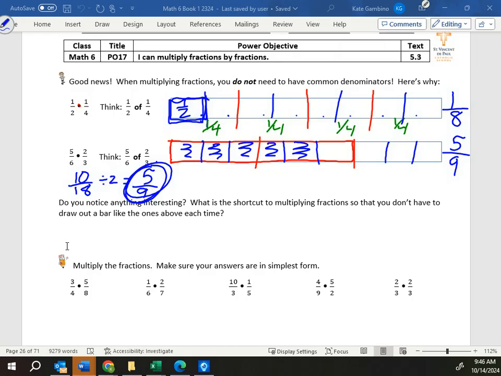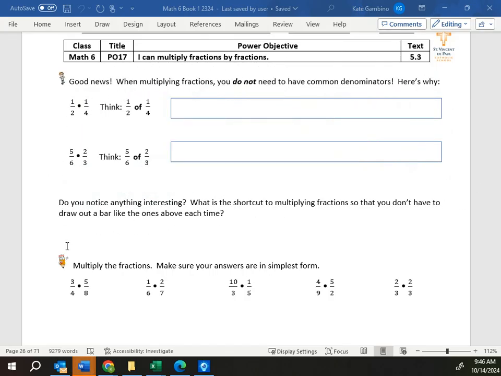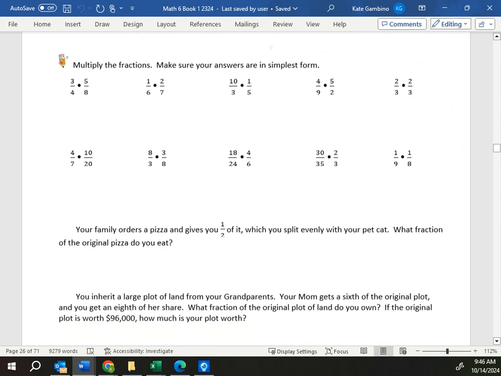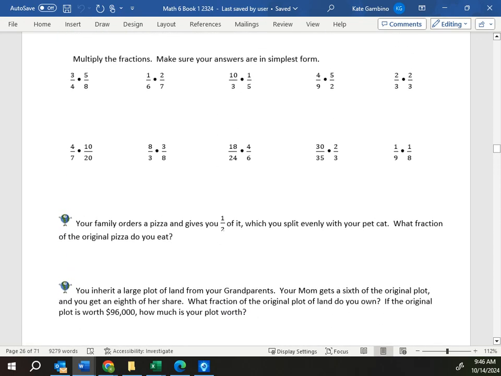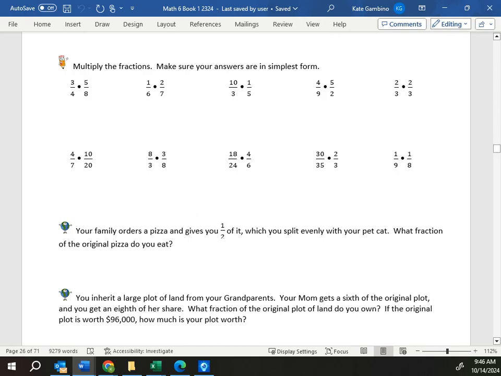Sometimes it will be the simplest answer. Sometimes we have to do that simplifying. So let me scroll up. So if we look at our first one, 3/4 times 5/8, we don't need to make the bar.